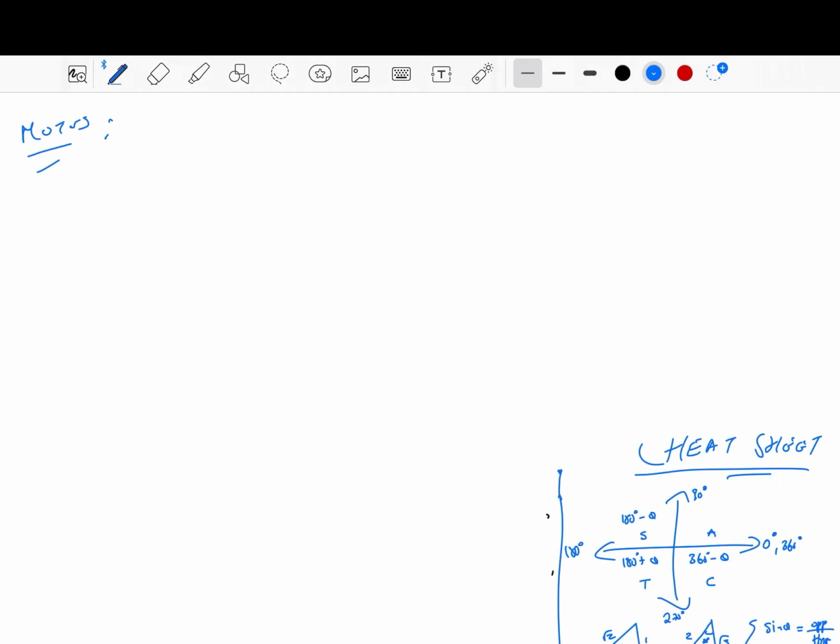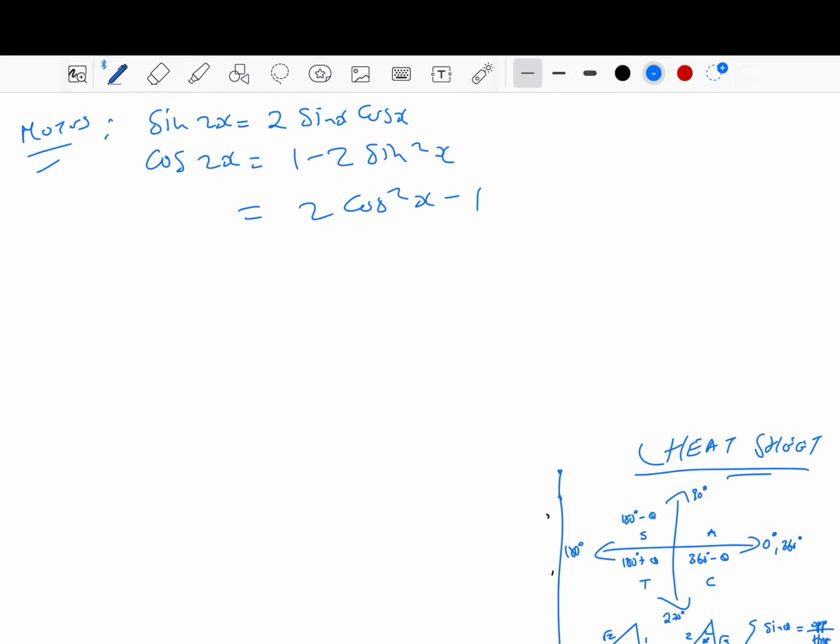What you need to know is if you have sine 2x, this can be written as 2 sine x cos x, double angles. And if you have cos 2x, this can be written as 1 minus 2 sine squared x, or this can be written as 2 cos squared x minus 1. So you need to remember that, and that's what you need to know.